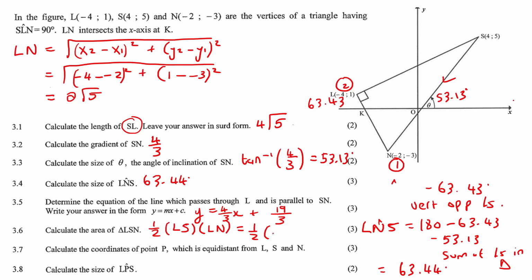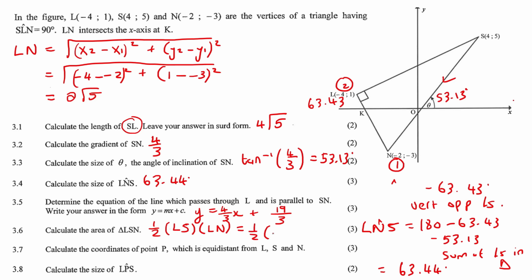So to find out exactly where that is, you could just find the midpoint of these 2 points. So the midpoint of SN is going to be the midpoint formula, which is x1 plus x2, y1 plus y2, over 2.